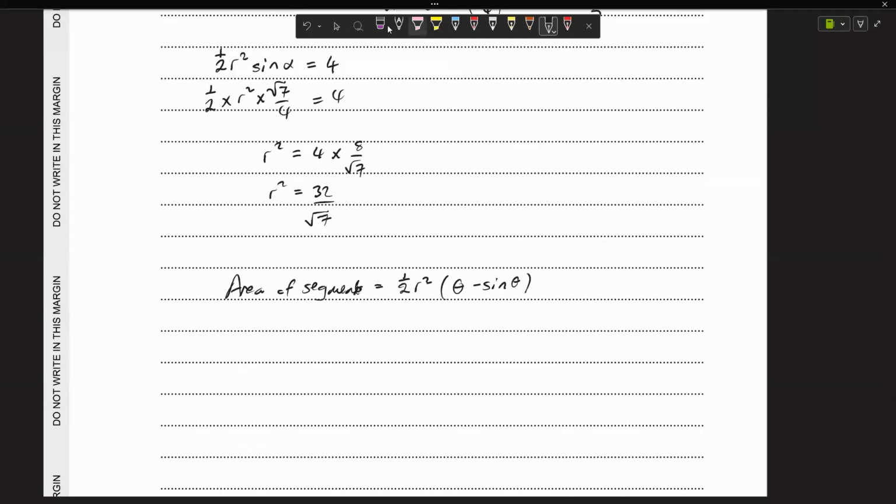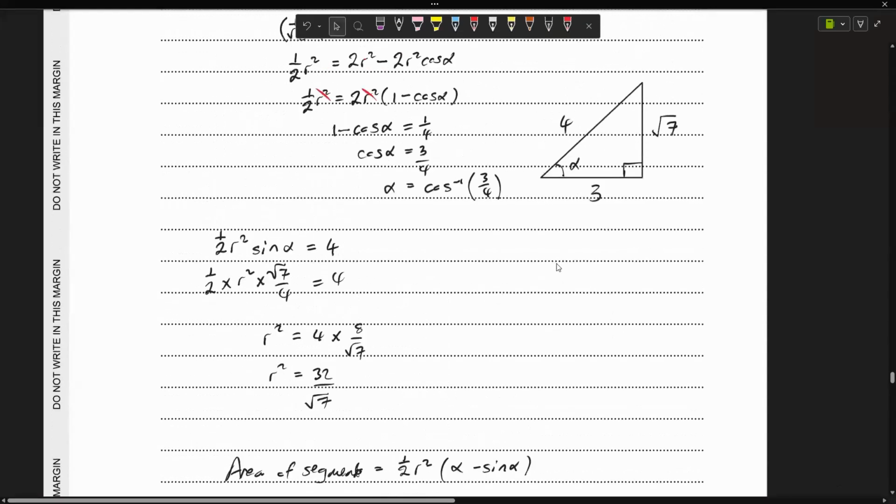In our case, it's not theta but rather alpha, so I'll just say alpha minus sine alpha. So that's going to be a half times r squared. R squared is this, so that's 32 over root 7, and then that's alpha.